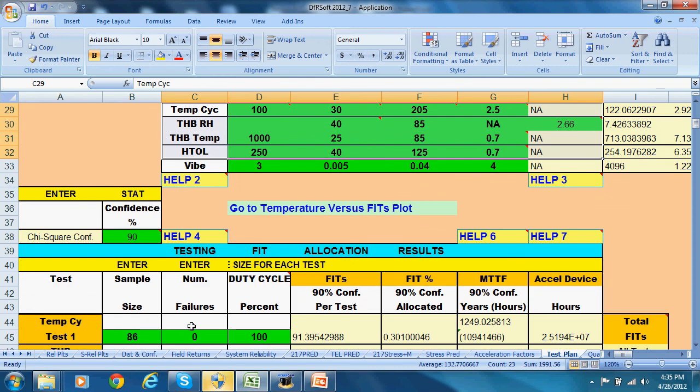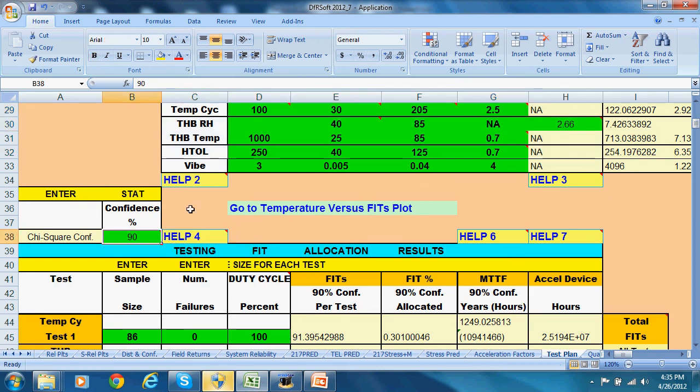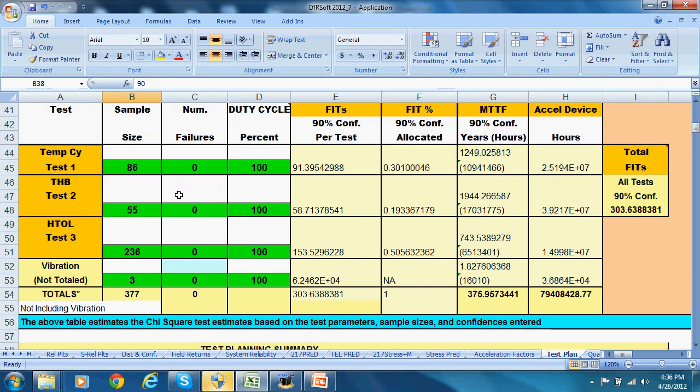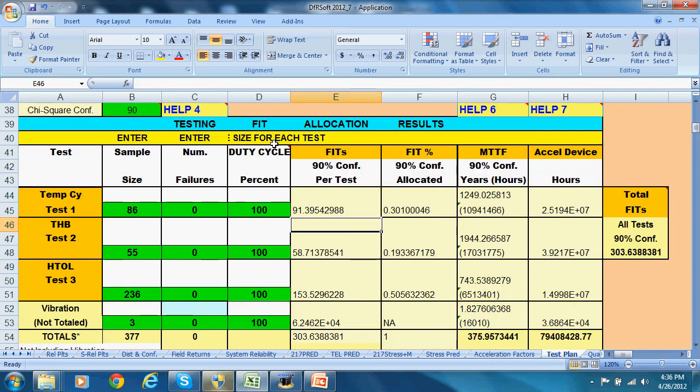So now we're going down and we put in the confidence that we're going to use. Say we want to do it at the 90% confidence level, so we enter that, and we enter the sample sizes that we're going to test, and we enter the number of failures and the percent duty cycle that we anticipate in the field. And there's a pop-up that explains that.